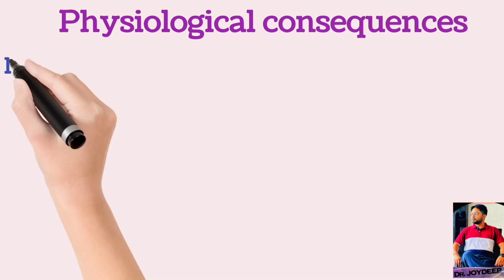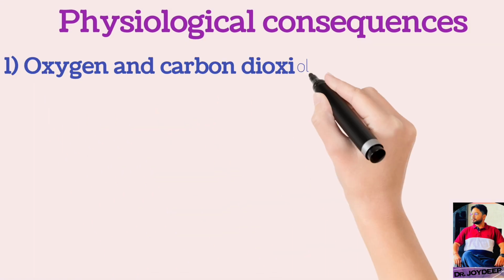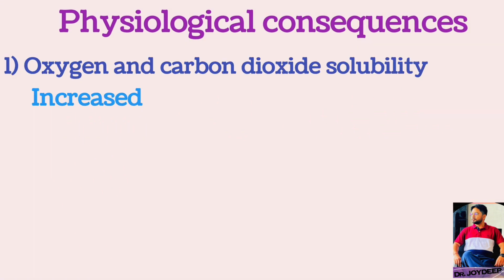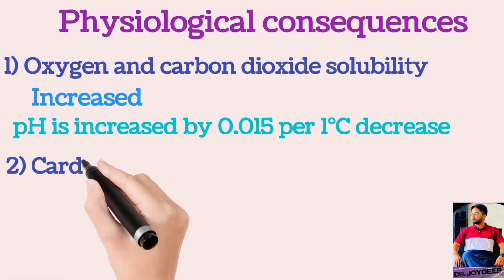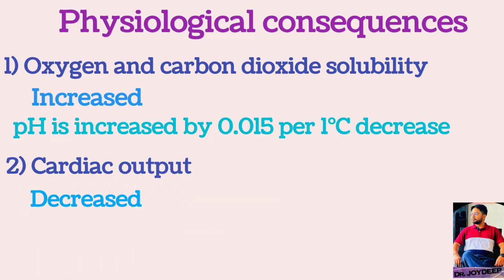Hypothermia basically affects various organs and the various functions of the body. Thus, it alters various physiological functions. Oxygen and carbon dioxide solubility is increased. This may cause an increase in the pH by 0.015 per 1 degree centigrade decrease in the temperature. Cardiac output is decreased.